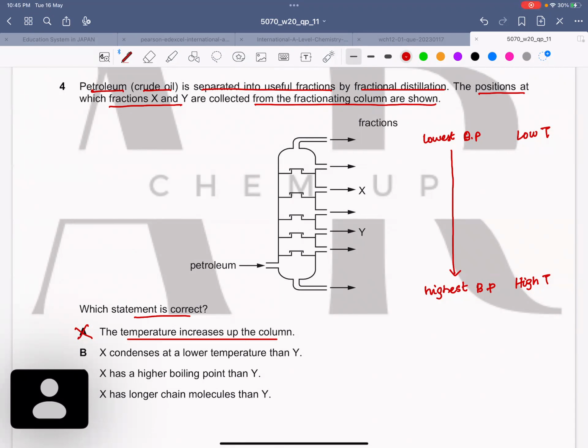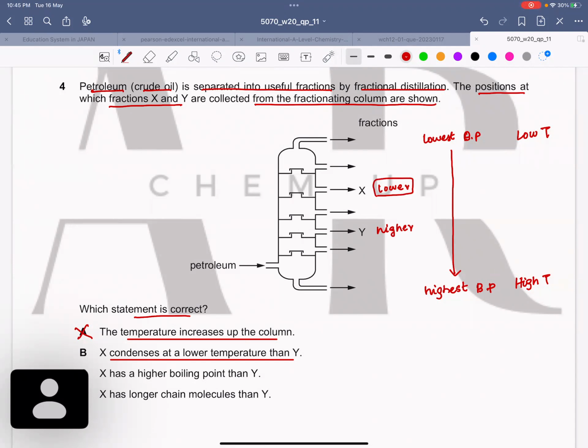Now, statement B, X condenses at a lower temperature than Y. So is this statement correct or wrong? Yes. Its boiling point is lower and the other's boiling point is higher, so it means that the boiling point is the same as the condensation point as well.